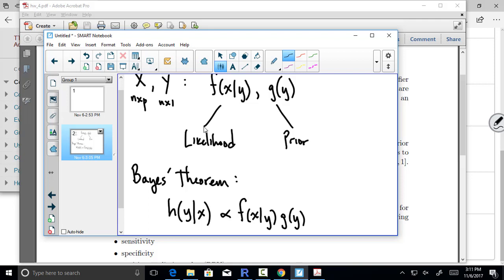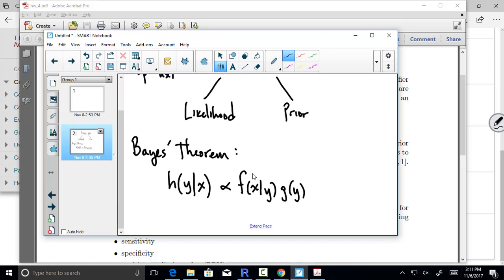So, in the homework, I reference Bayes' theorem, and I reference what's called the Bayes Classifier. The Bayes Classifier says predict the value, y hat, that corresponds to the highest posterior probability.